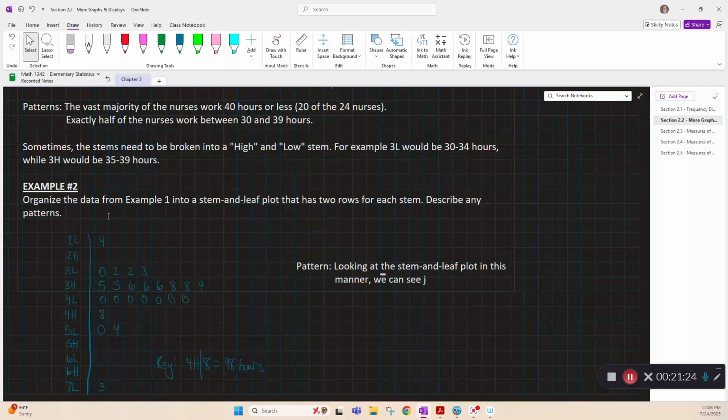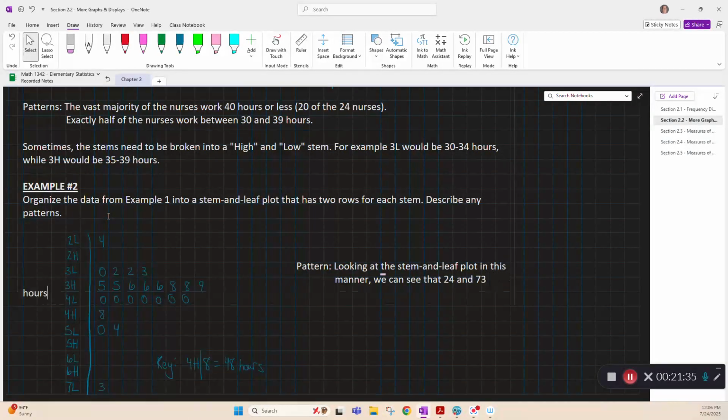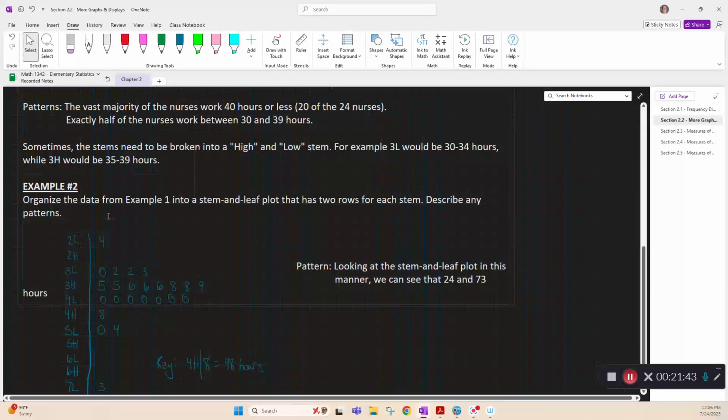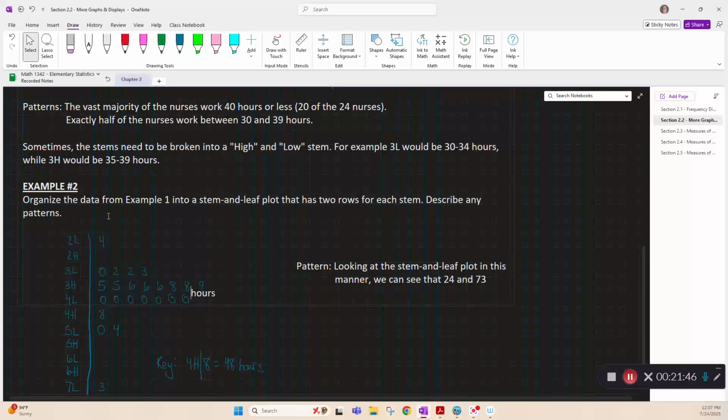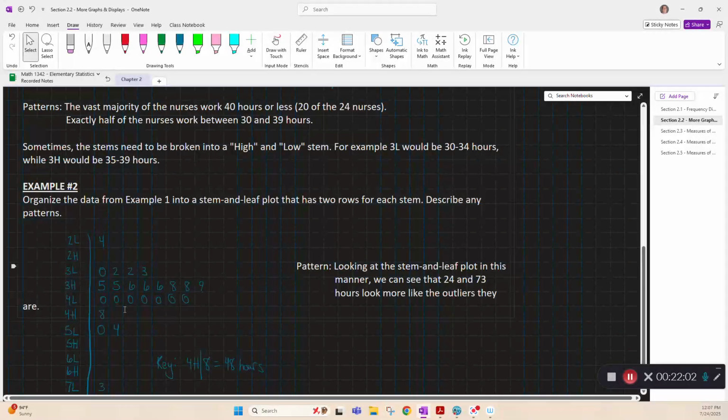We can see that 24 and 73 hours look more like the outliers they are.